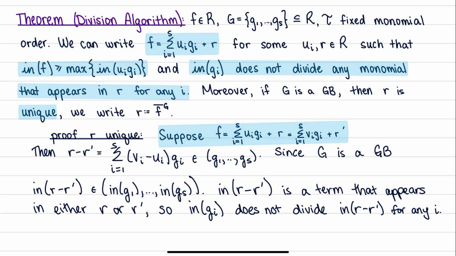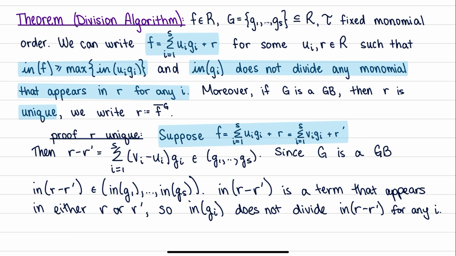Okay, so I have this element in this ideal generated by these things, but none of these things divide this element. And these are all monomials, right? This is a key fact here, is that I have a monomial in a monomial ideal where none of these monomial generators divide this element.